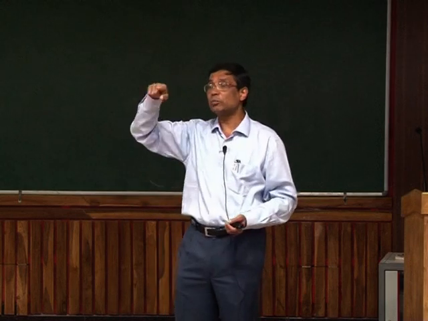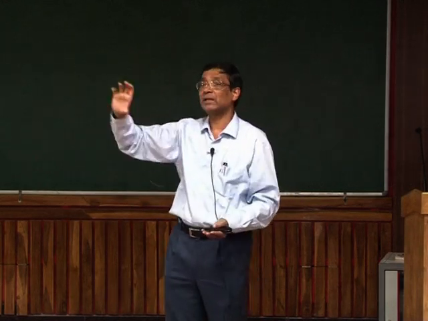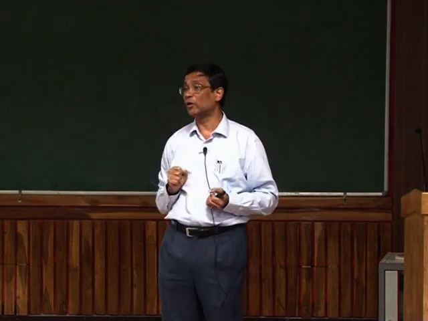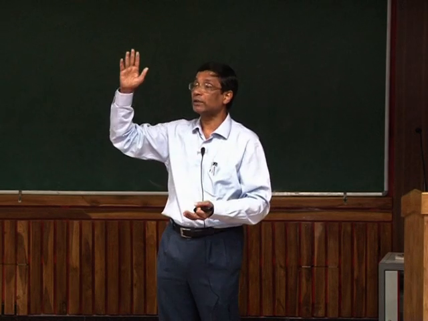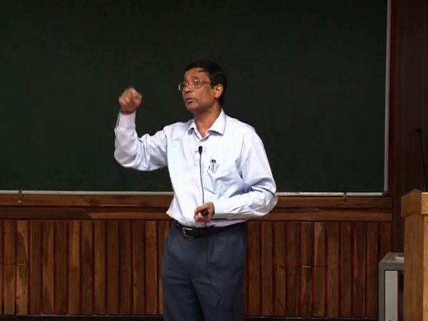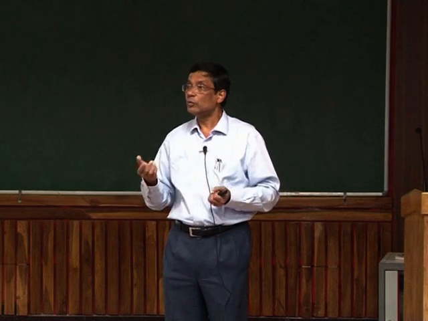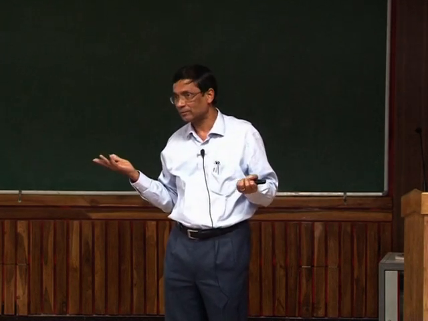The probability is e to the power minus d over lambda, where lambda is the inelastic mean free path, here 1 kilometer. So e to the power minus 1 meter by 1 kilometer is e to the power minus 1 by 1000, which is negligibly small. That means almost all the electrons will come out and I'm happy.